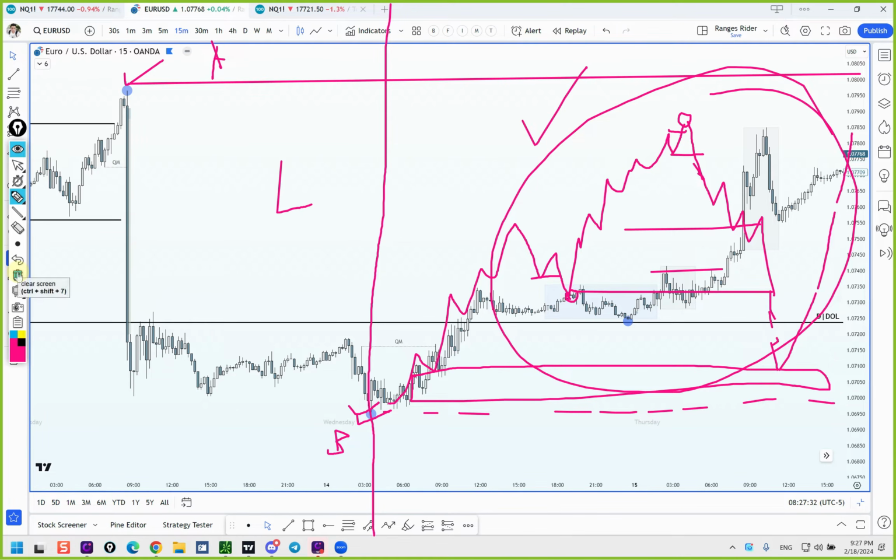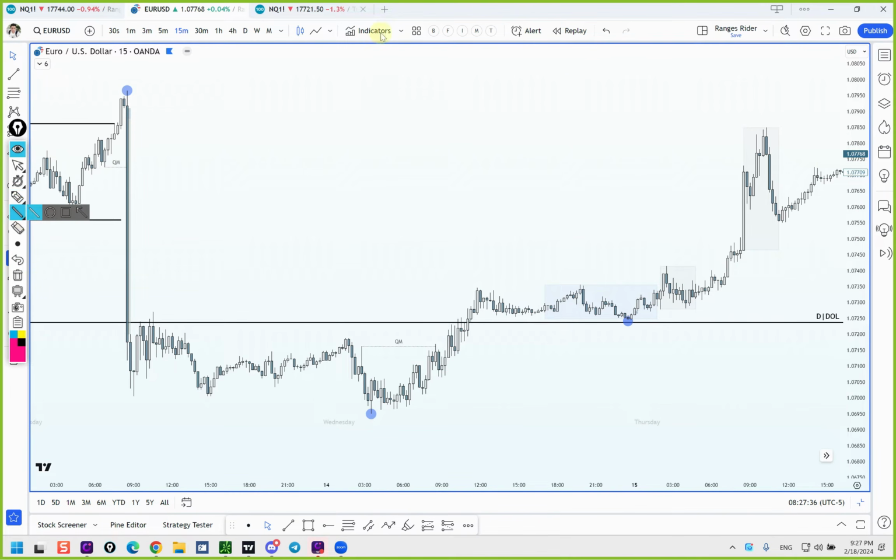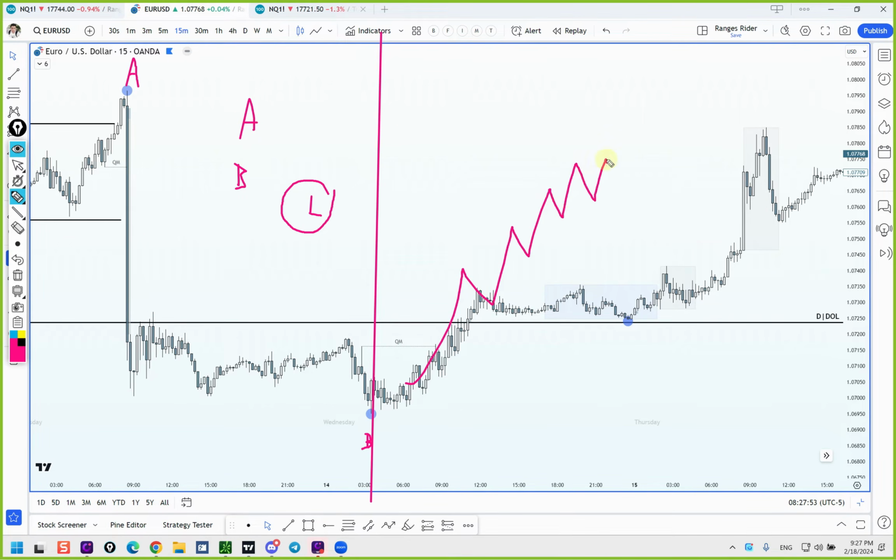So the point I just addressed in this whole conversation is that you should always remember that your range always has two things, A and B. So A this one and B this one. Once your B is confirmed, this is your left side. And now whatever QM you see, everything is inside structure.